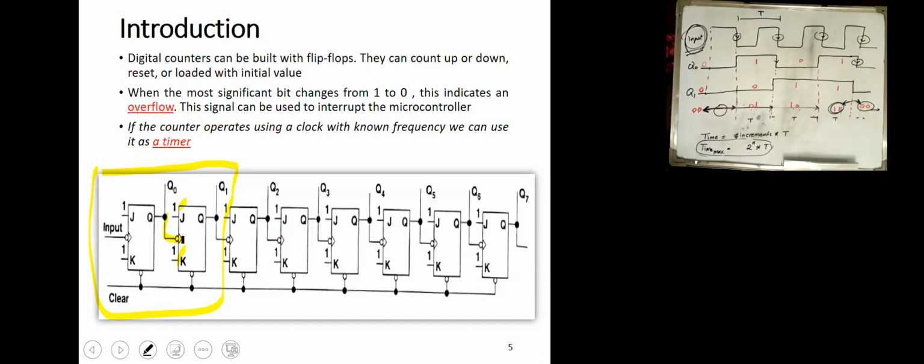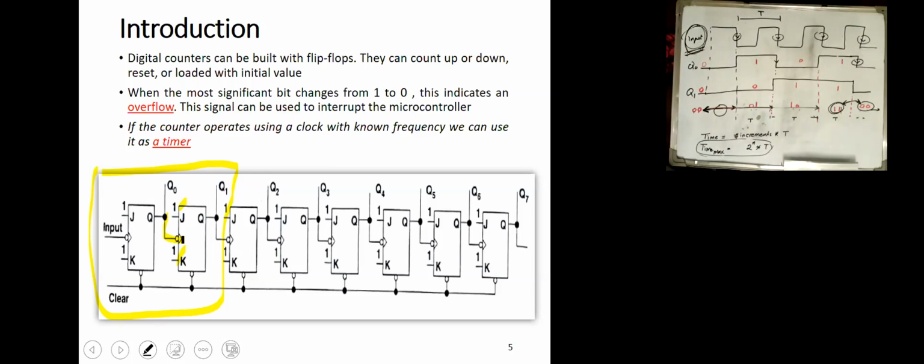We can measure time based on the incoming clock. So basically we are counting how many edges or how many periods have elapsed. So technically we can measure time. And this is what we have in our watches usually. We have a time base, which is the second, which is our time resolution.